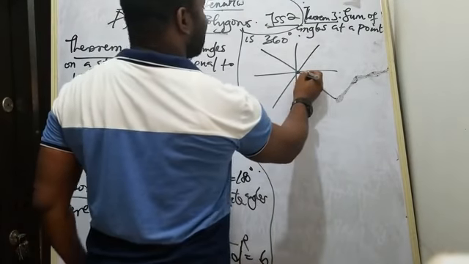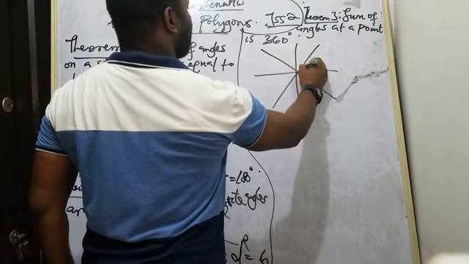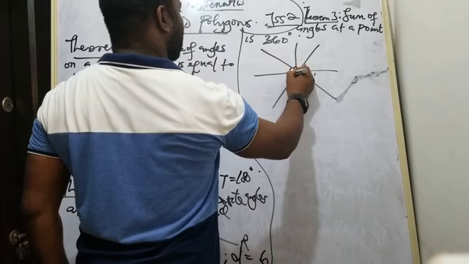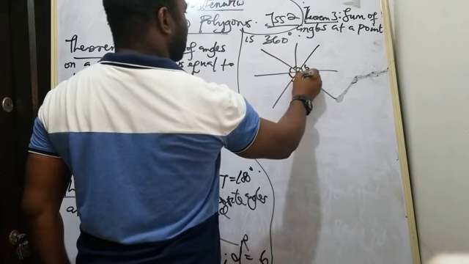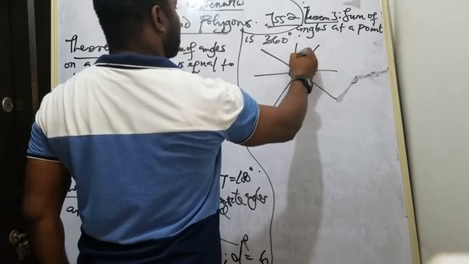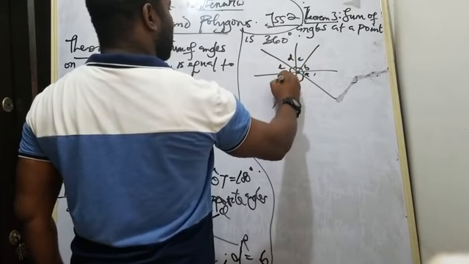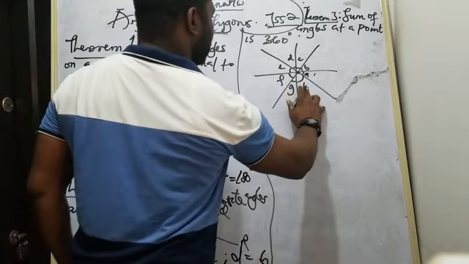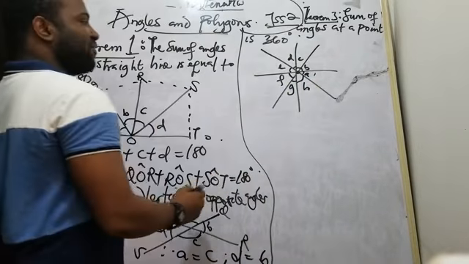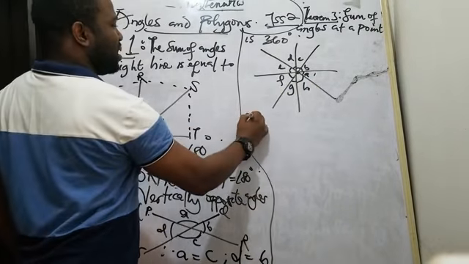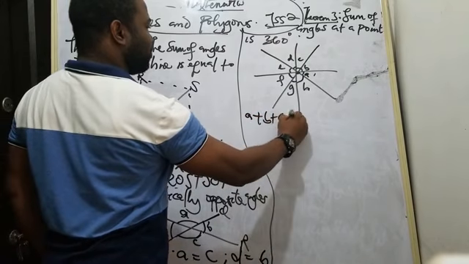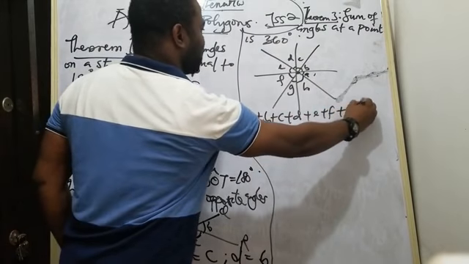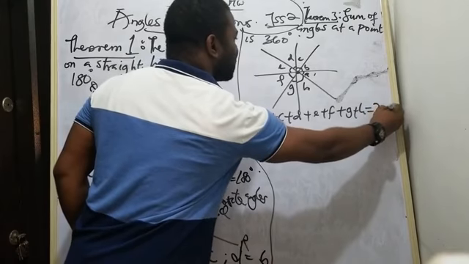For instance, if this is A, B, C, D, E, F, G, H. Are you with me? It means A plus B plus C plus D plus E plus F plus G plus H must give you what? 360 degrees.